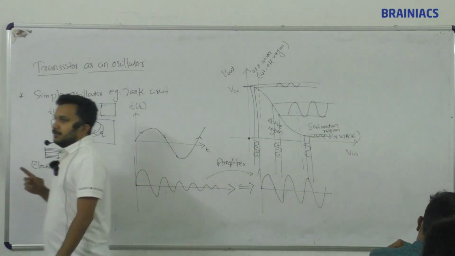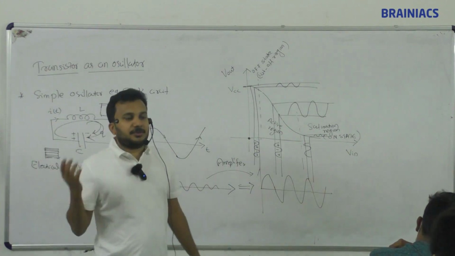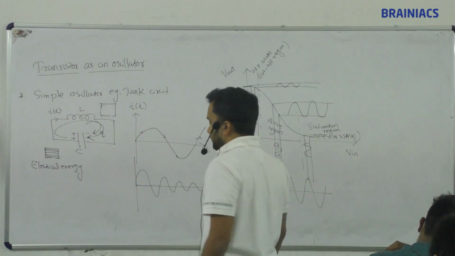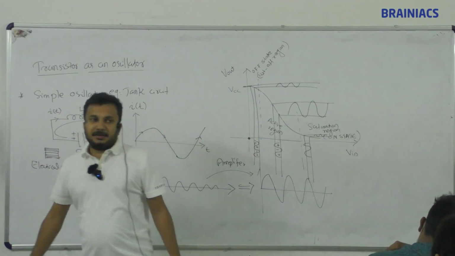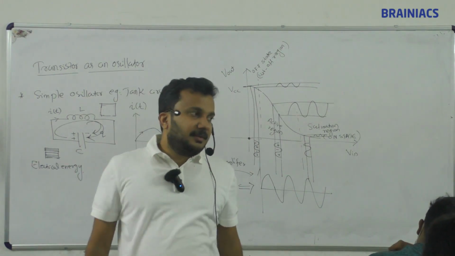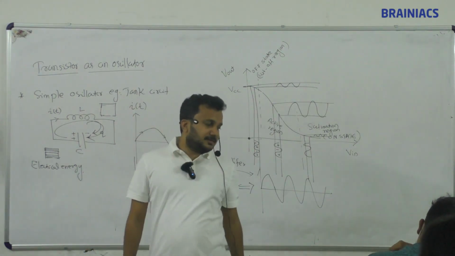So what will happen whenever it is delivering the charges over the circuit? Current I of t started to increase. Current with respect to time. When time increases, current also increases. I of t started to increase.